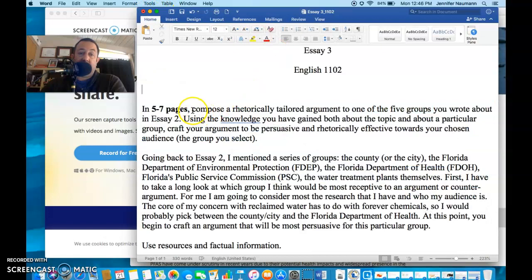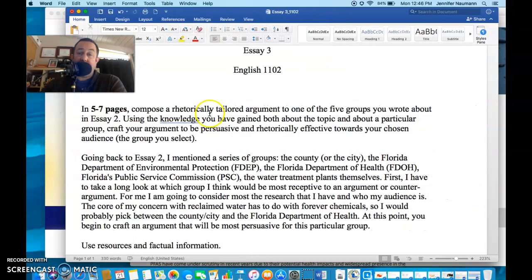And I'm going to write an argument tailored to that group. Compose a rhetorically tailored argument to one of the groups. So it doesn't have to be, I think at some point in the prompt, I might have called it a counter argument.